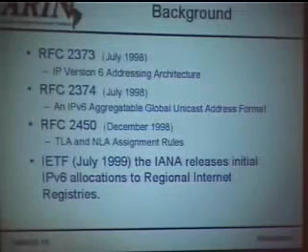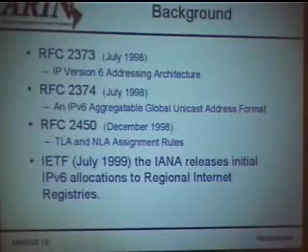The first documents were published in mid-1998: RFC 2373, the IPv6 addressing architecture, which applies to most folks in this room who may discuss within their groups unicast IPv6 services. RFC 2374 sets up the outline and address format for those unicast addresses.